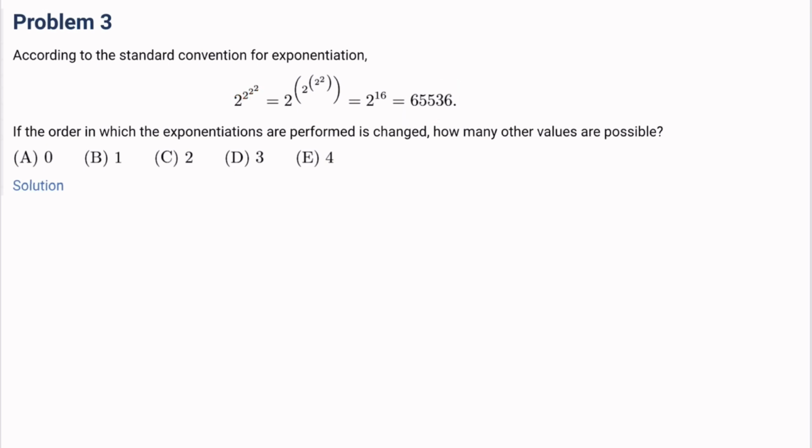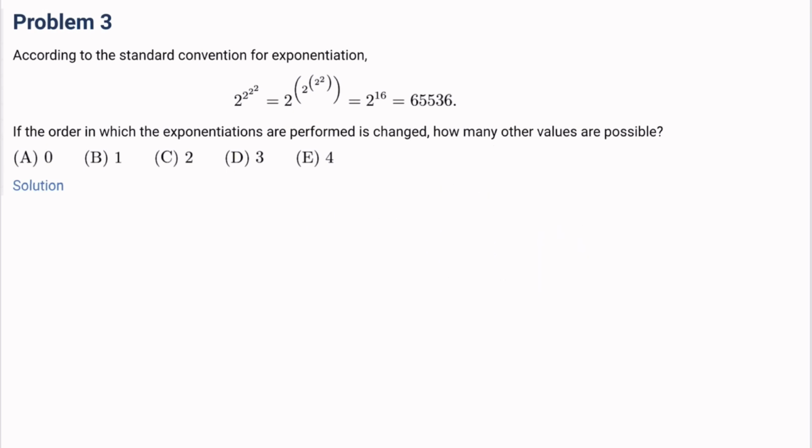If the order in which the exponentiations are performed is changed, how many other values are possible? Okay, so first of all, what we have to see is that 2 to the 2 squared always equals 16, right? No matter how you look at it, right? Because 4 squared equals 2 to the 4th power, which is all 16. And so 3 times together, that's just all the same thing, right?